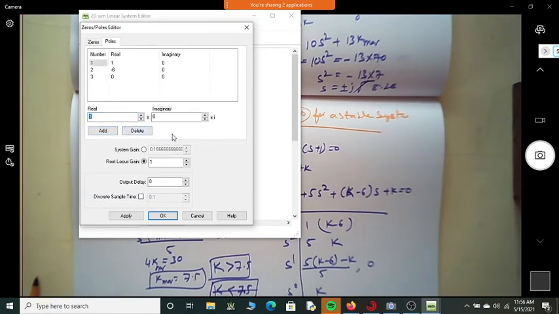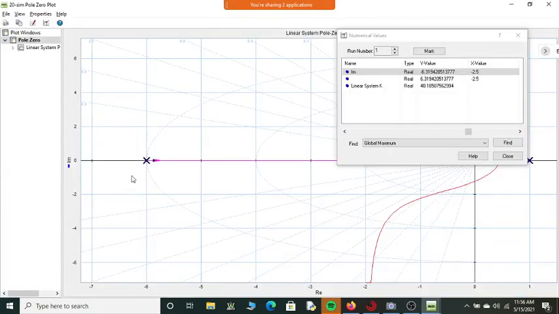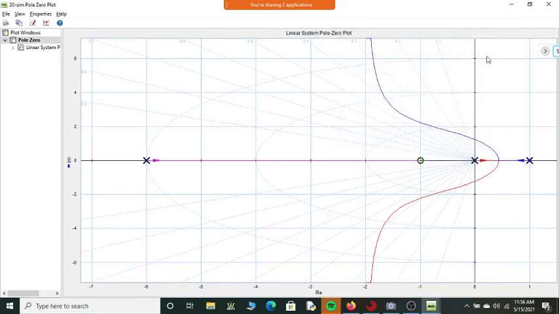Is that fine? Then this is done. Then let me go for the zero. The zero is at minus 1. Correct? Apply. Okay, see the poles plot. See here?